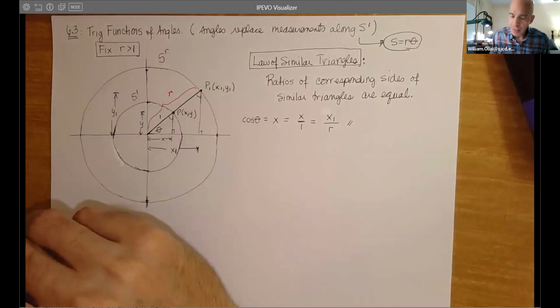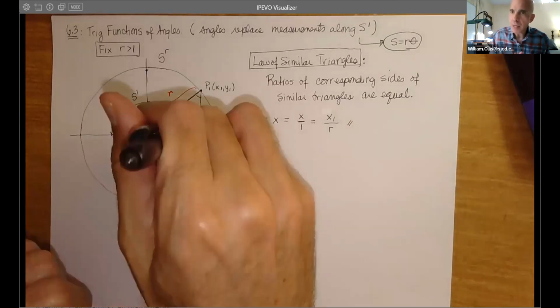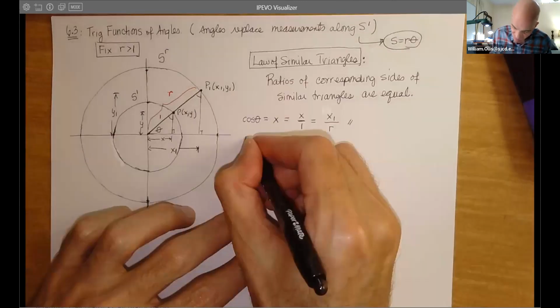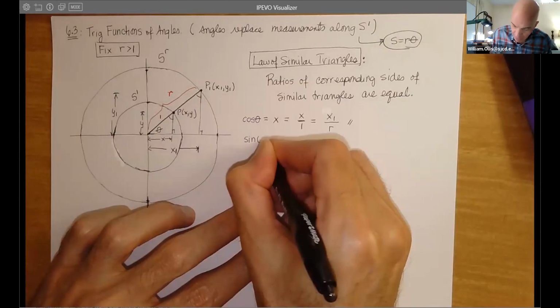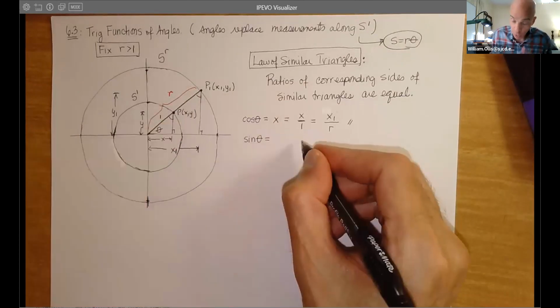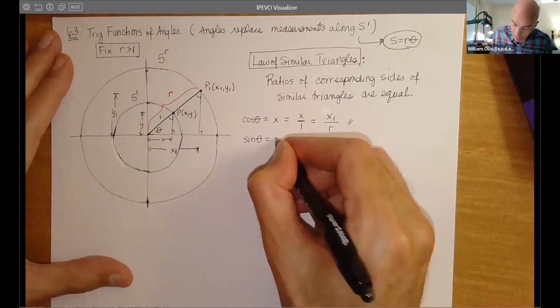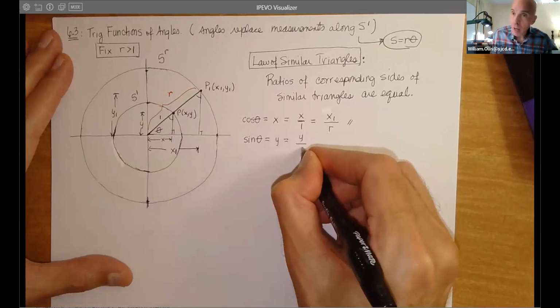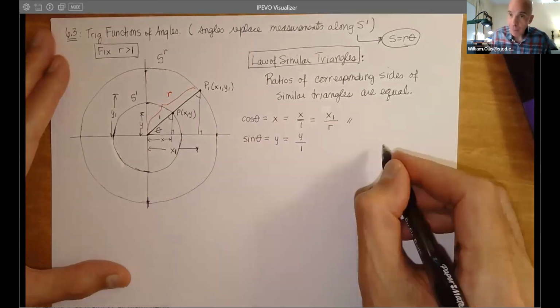So the thing is that these were already here. We just didn't make any note of them because we didn't need them yet. Now for sine theta, that's simply on the unit circle the y coordinate of the terminal point, which we choose to be y, but that equals y over 1, opposite side over hypotenuse.